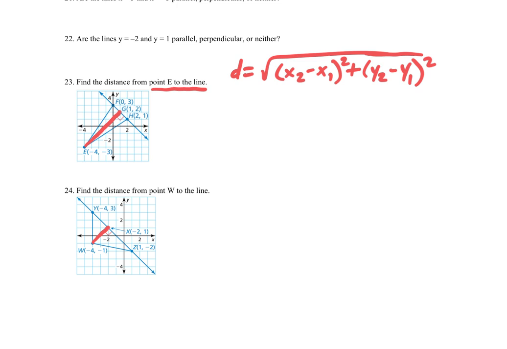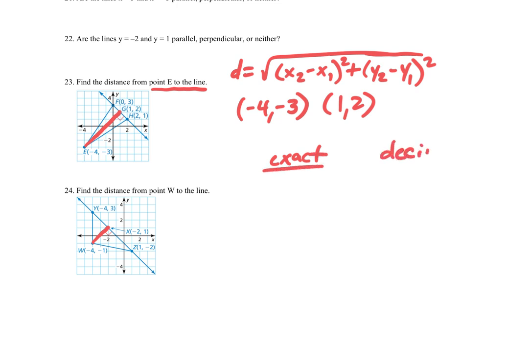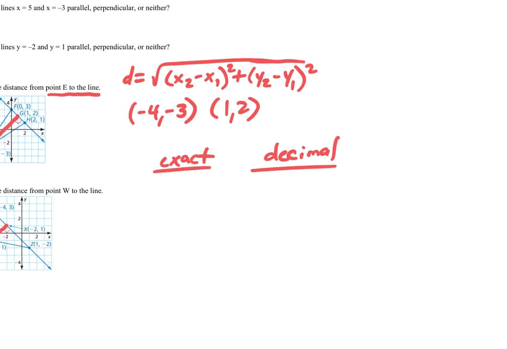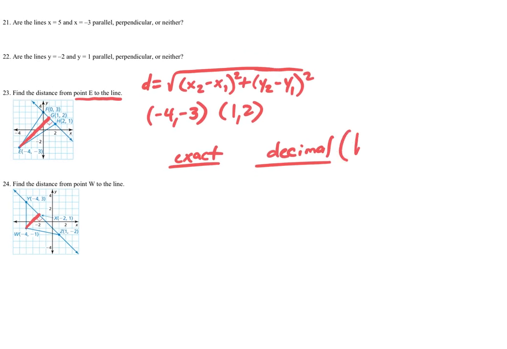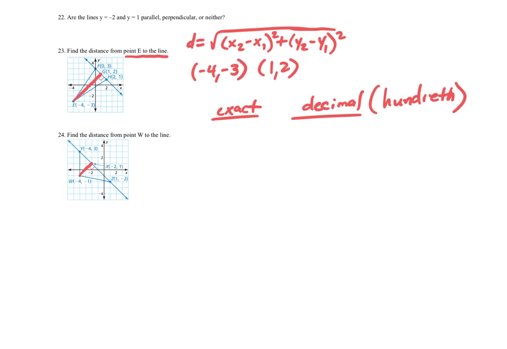The 2 points that I'm going to use are (-4, -3) and (1, 2). It doesn't matter which one's x1, y1, or x2, y2. When you finish your answer, write your answer as exact and as a decimal, rounded to the nearest hundredth, the second decimal place.